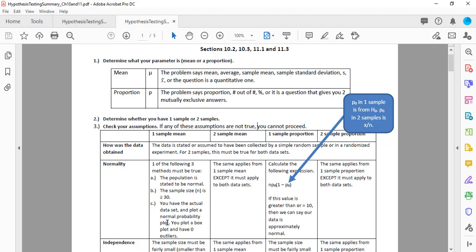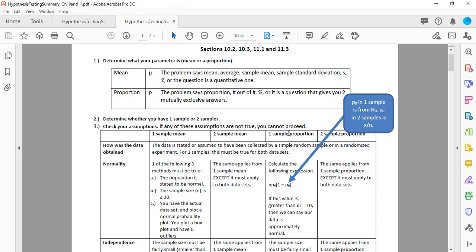You don't have any points that are outside. You also want to make sure that you put out a box plot and you don't have any outliers. If you have a two sample mean problem, you just need to verify these for both distributions that you have, for males and for females, or for people over 40 and for people not over 40.